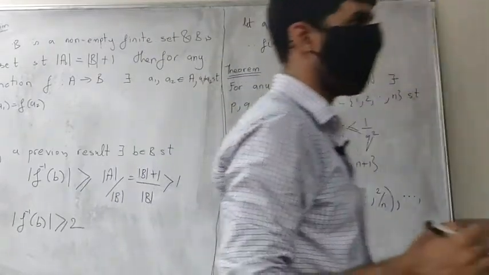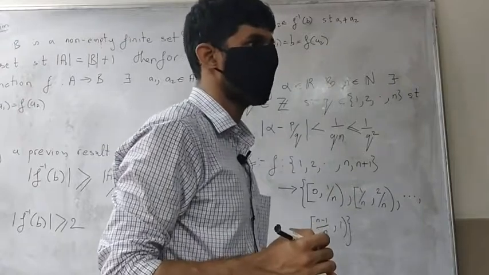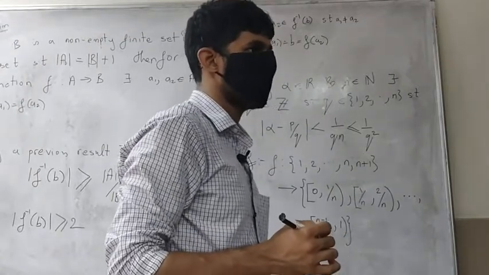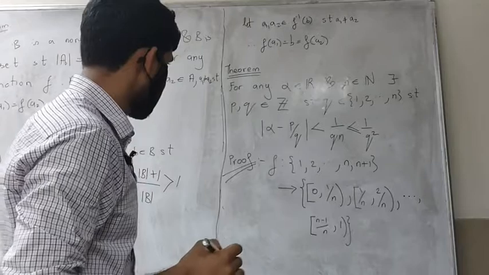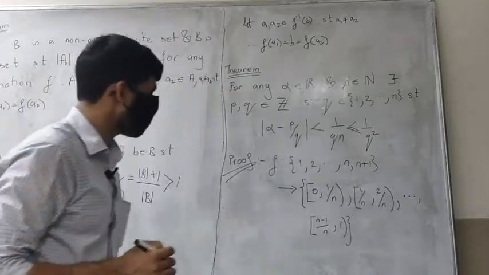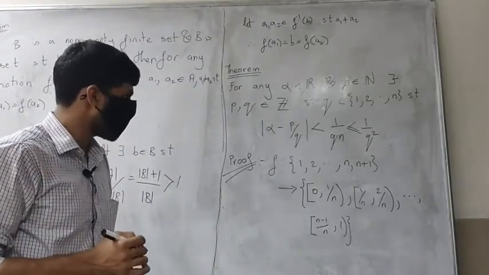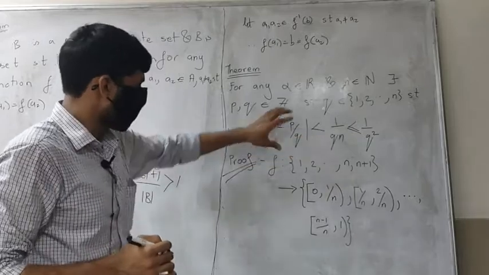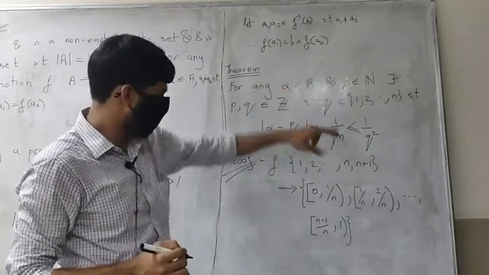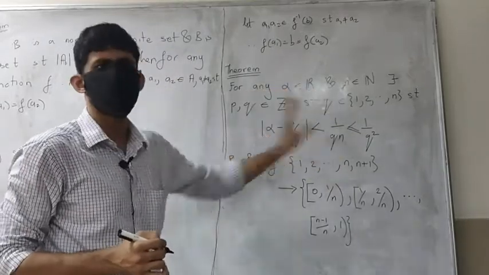And how am I defining this? The method of thinking of this is like this. You want this to hold, so you multiply by q throughout. Q is a positive number.